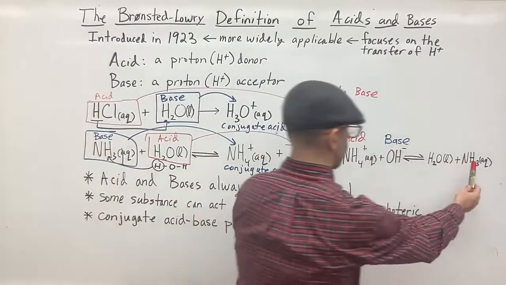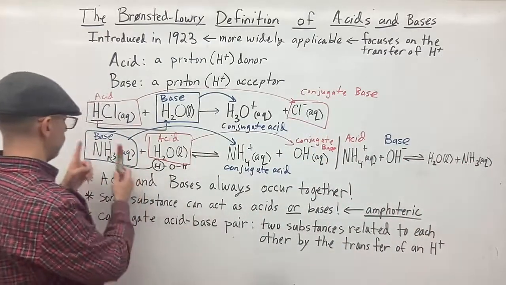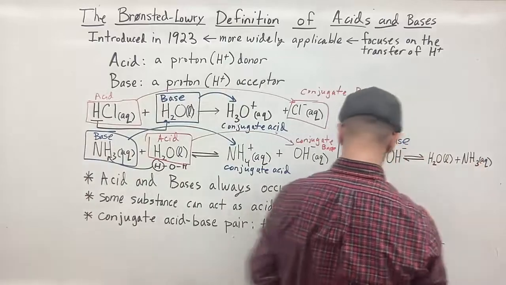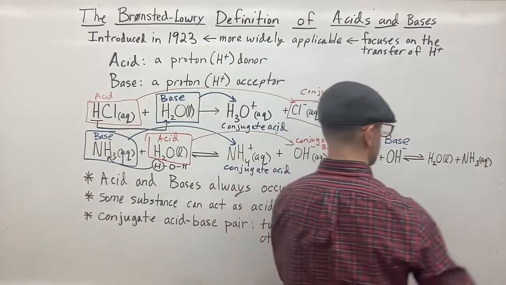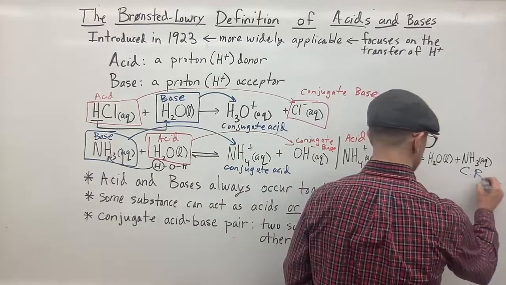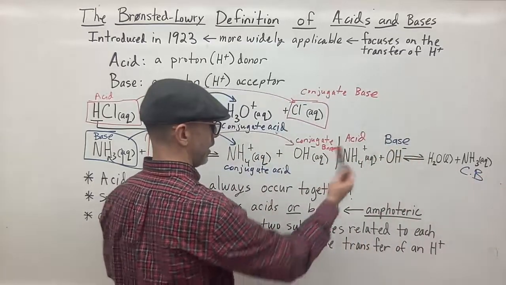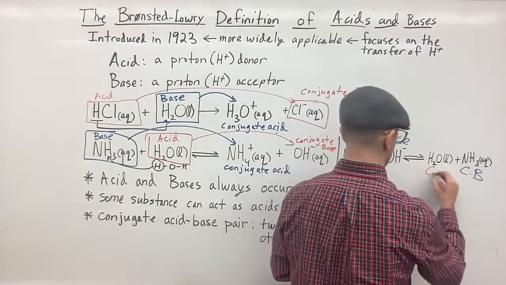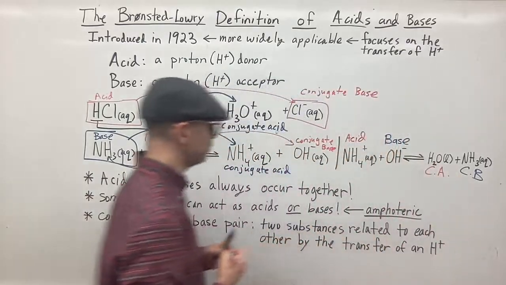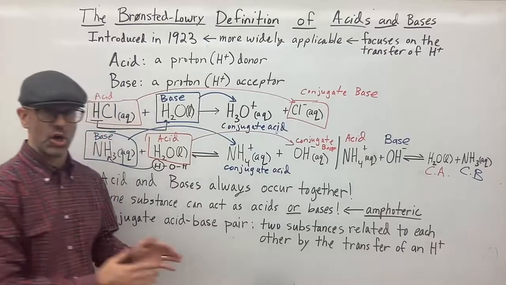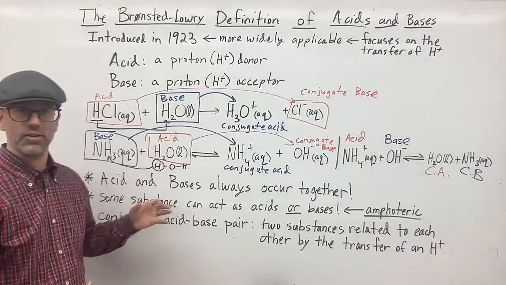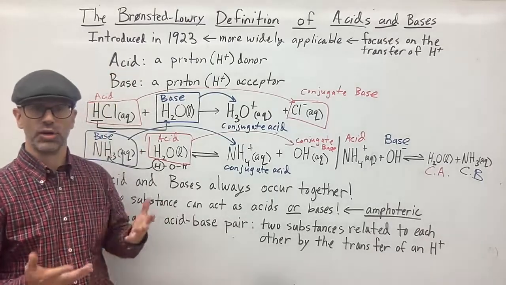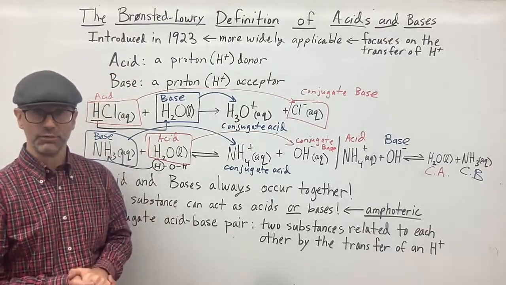So this is the base. It becomes the conjugate base over here. I'll put CB. So this becomes the conjugate base over there. And then what was the acid over here becomes the conjugate acid over there. And all of that is because we are defining acid and base differently according to the Bronsted-Lowry definition.